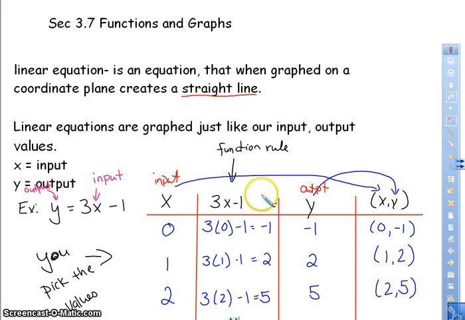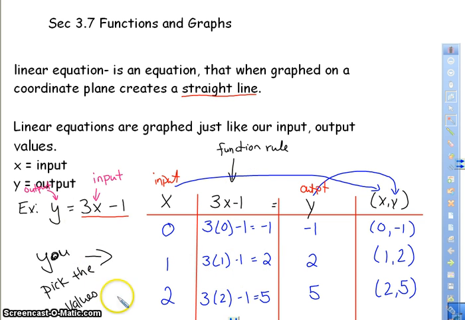My function rule would come next, and your function rule is the actual expression of the equation, and then would come y. The last thing in your list is going to be your ordered pair, because we're graphing, we have to combine the x and the y to graph our straight line.